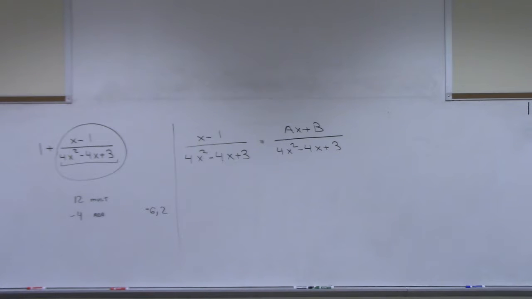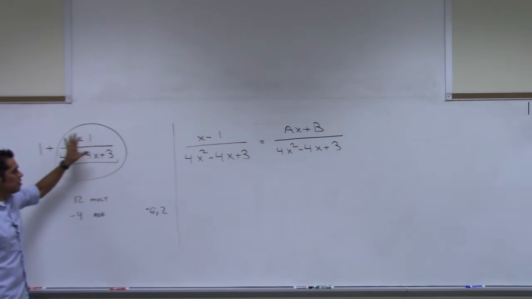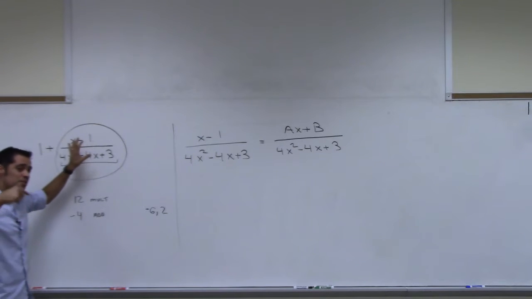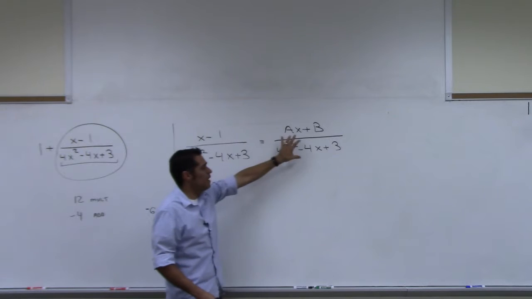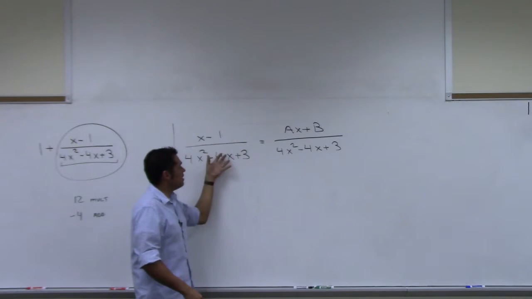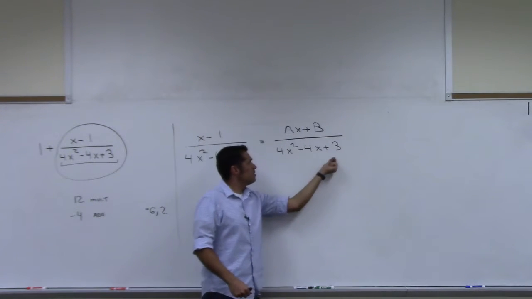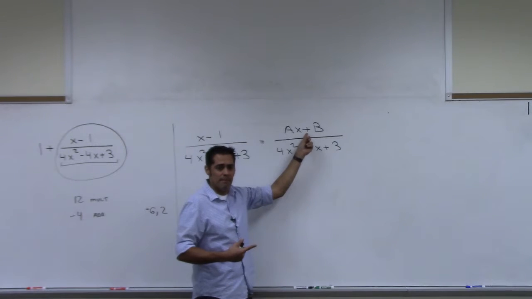If the left and right hand sides have to be equal, b is -1 and a is 1. See, look, what I'm trying to get you to see is that when you're doing partial fractions in this particular problem, our goal is to take this and rewrite it as this with a linear expression on top, right?